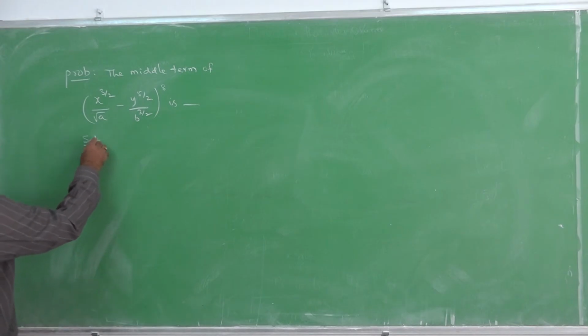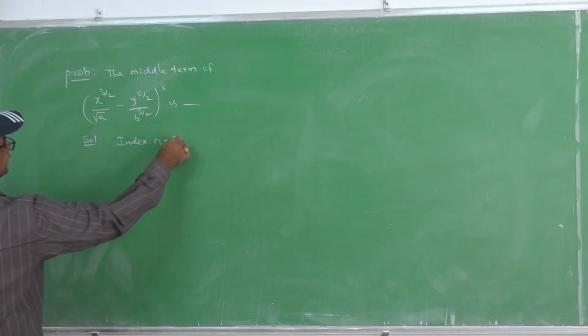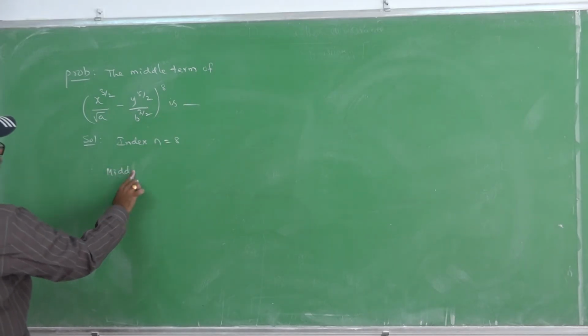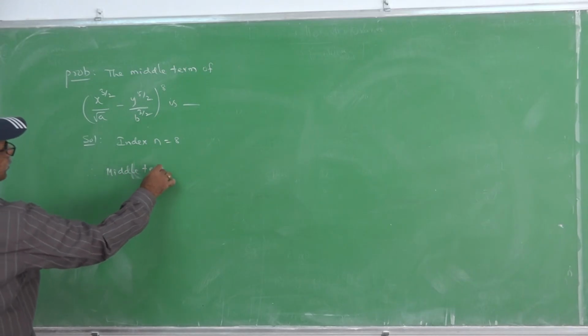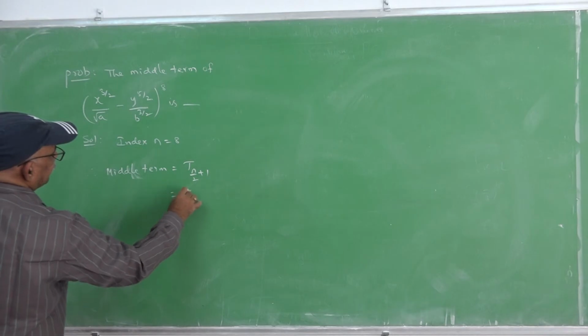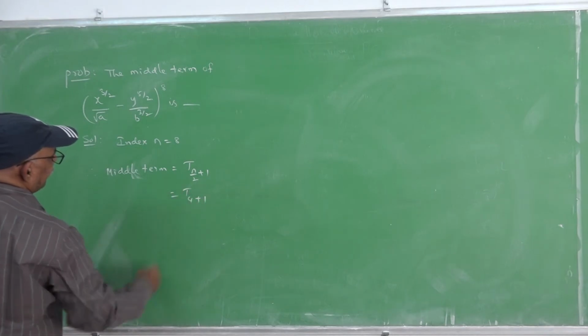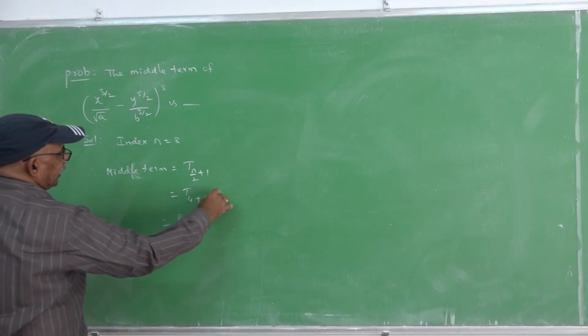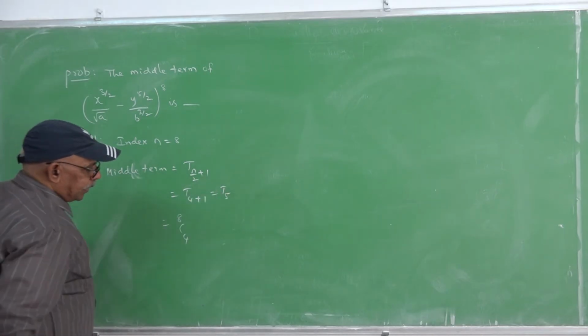Here the power, the index n, equals 8. So the middle term of the expansion equals t n by 2 plus 1, that is t 4 plus 1, which is nothing but 8c4 t5, only one middle term.